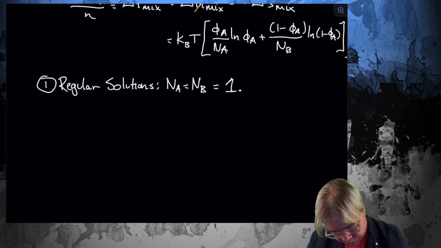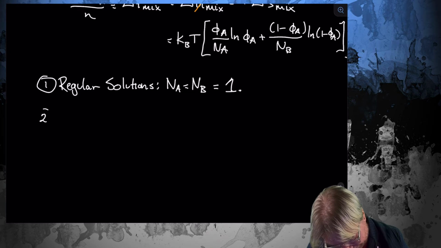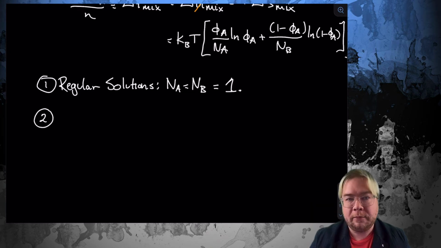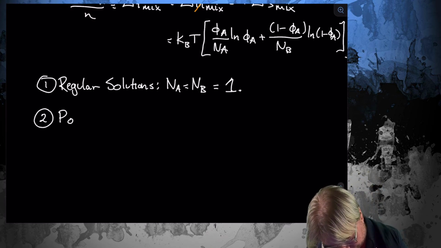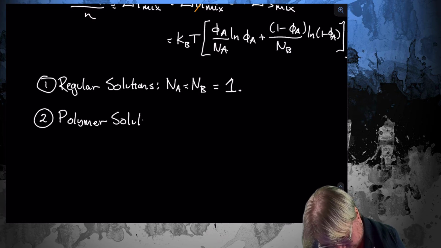So there's regular solutions. The other thing that we can have is a polymer solution. So if I took PNIPAM or polyethylene glycol and dissolved that in water, then I would have a polymer that's dissolved in a small molecule solvent. So we can have a polymer solution. Polymer solutions are one of my favorite things to measure and look into.